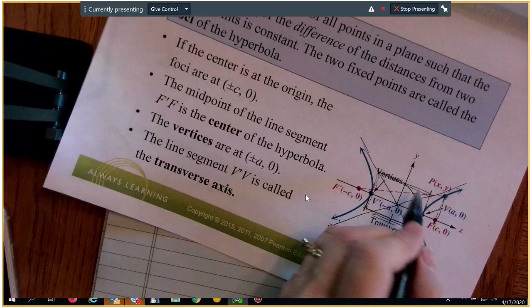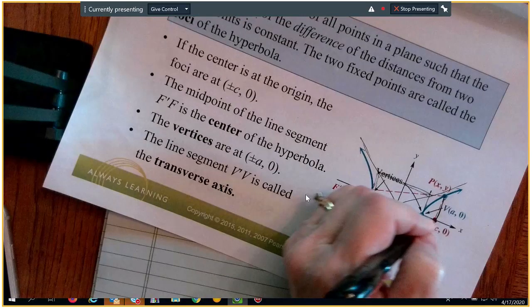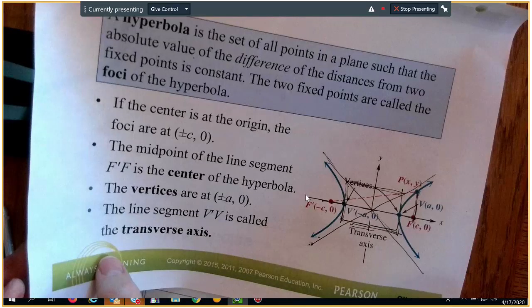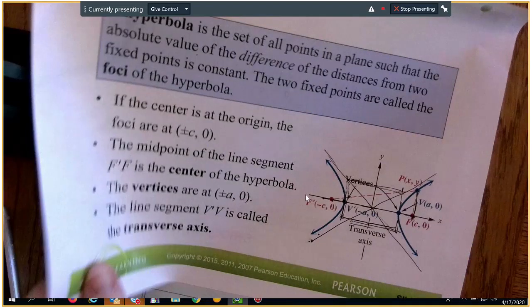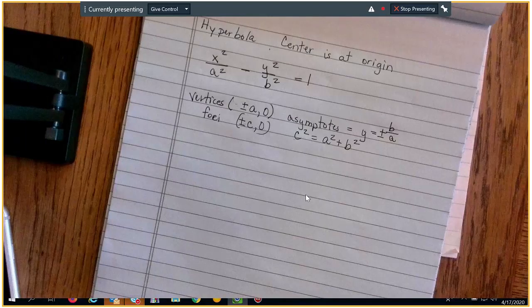We're forming a 90-degree angle here with our two foci and a point on the hyperbola. So that's where we now get our c squared equals a squared plus b squared.